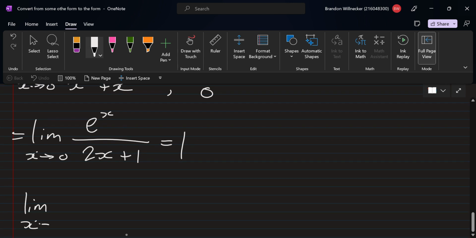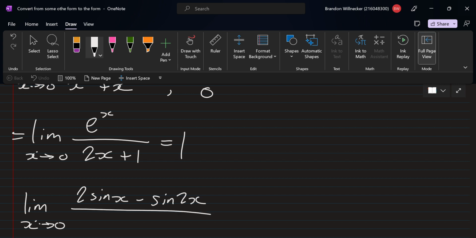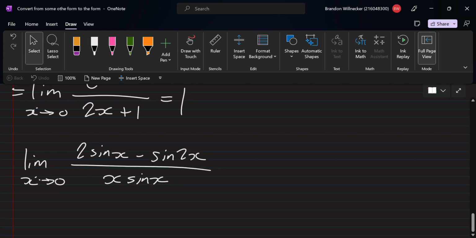We have the limit as x goes to 0 of 2 sine x minus sine 2x over x sine x. First thing we check is the indeterminate form: which type is it, do we need to convert it to anything else, and so on. If we substitute 0 at the top, we get 0 minus 0, that's just 0. In the bottom, that's 0 times 0. So we have 0 at the top, 0 at the bottom.